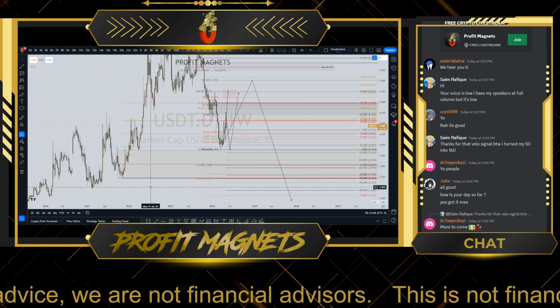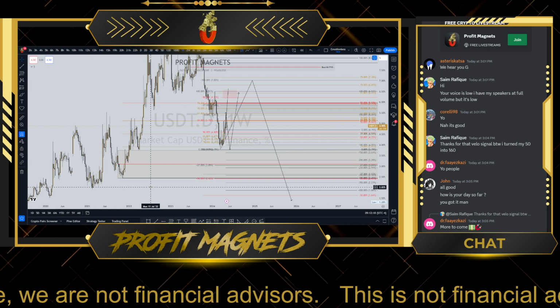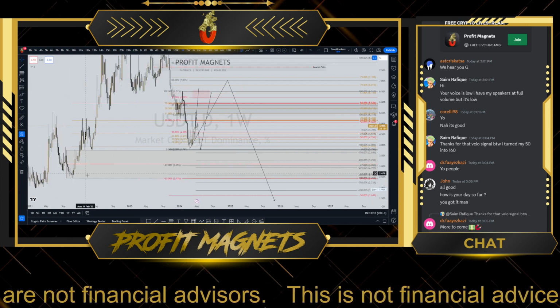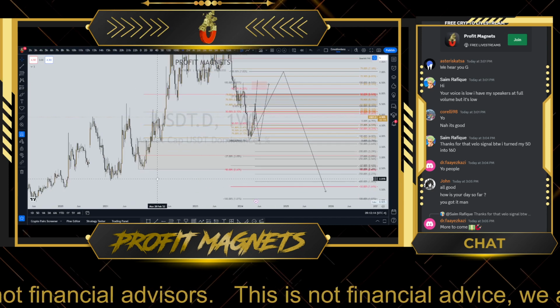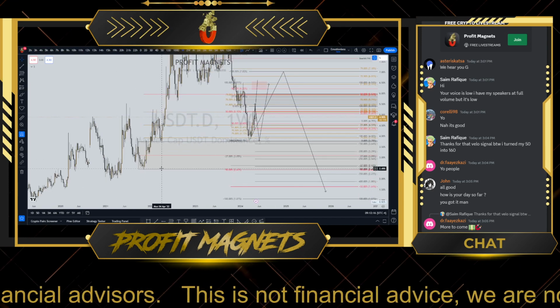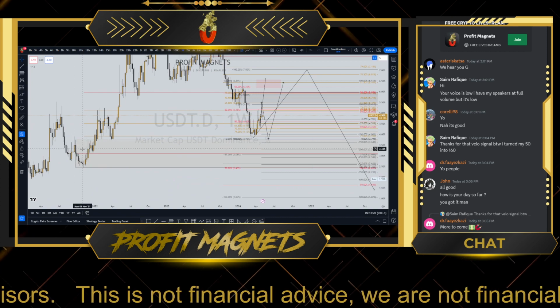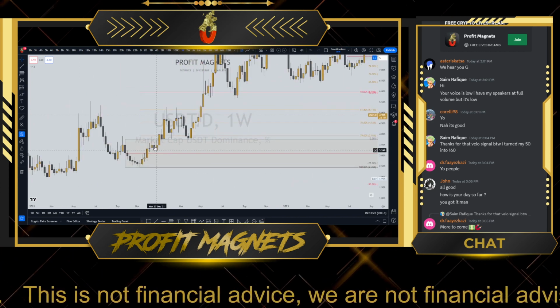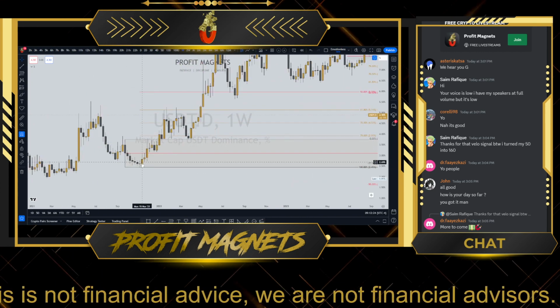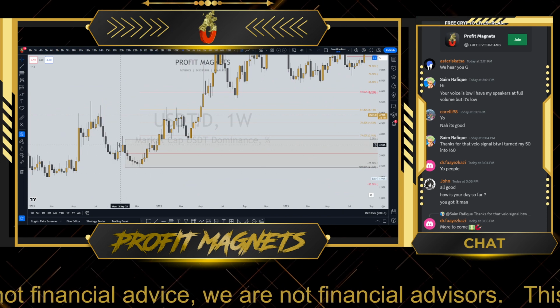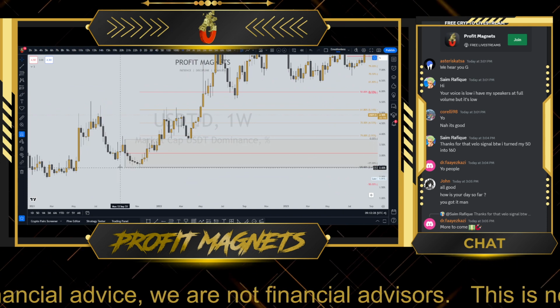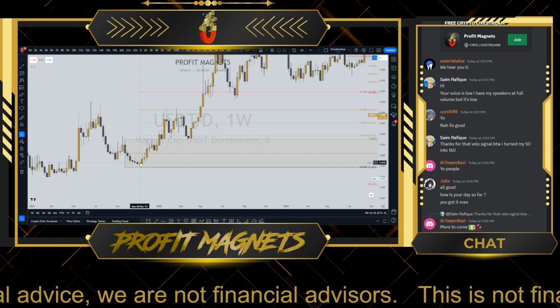Now, some of you guys may not know what this concept is. You're free to look it up on YouTube in a second moment, but essentially what I've highlighted here is a bullish order block. The reason why it is made up of more candles is because, as you can see quite clearly, it is made up of all the same candle direction, which is bearish in this case, right? They're all bearish.